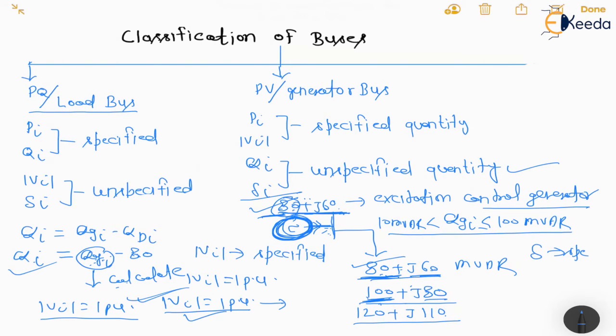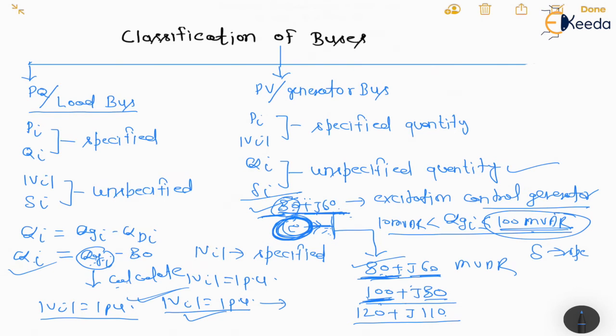Right now the generator will calculate the reactive power to be generated for the specified voltage, and it has been calculated that 50 MVAR more is required. But it can generate only 100 MVAR maximum. So 10 MVAR is still needed for the voltage to become 1 pu.